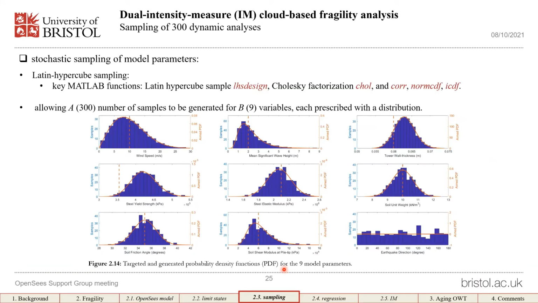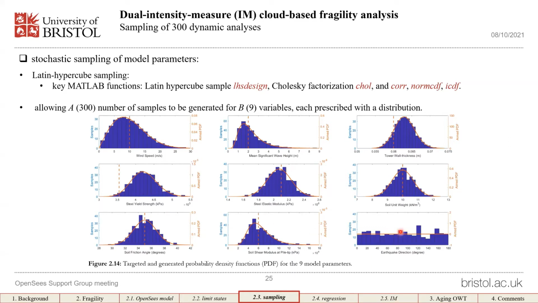And here, the implementation of generating 300 samples is presented. So the implementation was done in MATLAB with a technique called the Latin hypercube sampling. The purpose of Latin hypercube sampling was to allow 300 samples to be generated for these 9 random variables, each prescribed with a probabilistic distribution.